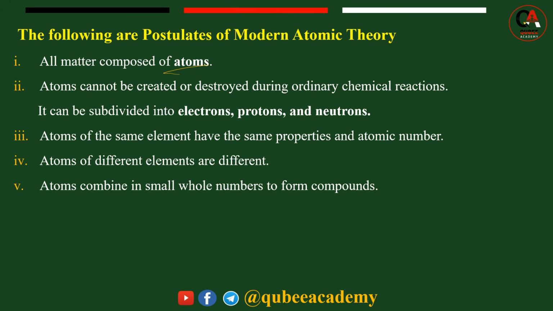So the next modern atomic theory postulate is atoms cannot be created. Look, atoms cannot be created nor destroyed during ordinary chemical reaction. Here we are expressing that this concept means that atoms cannot be created nor destroyed during only ordinary chemical reaction.